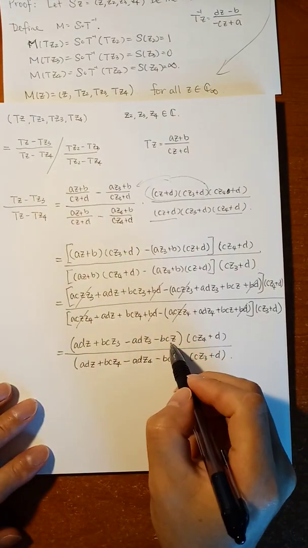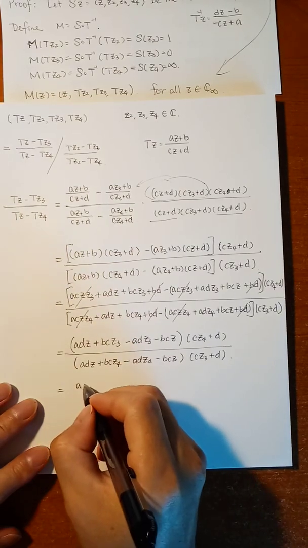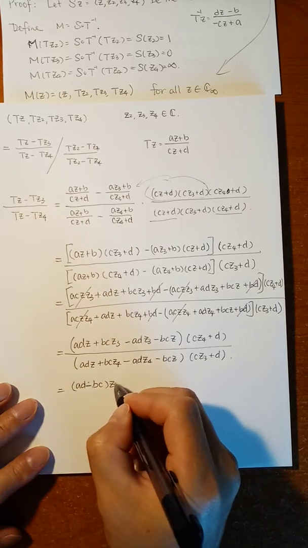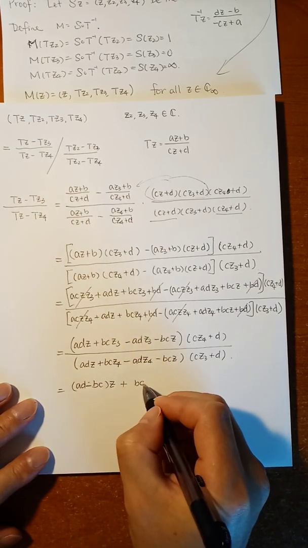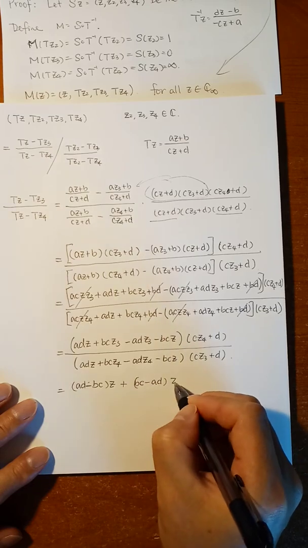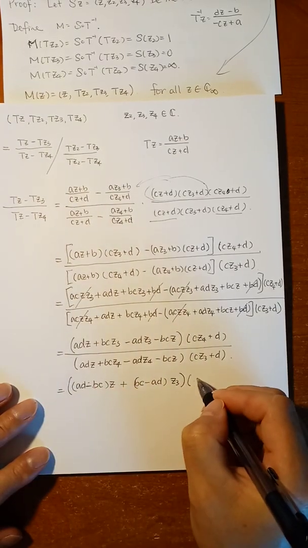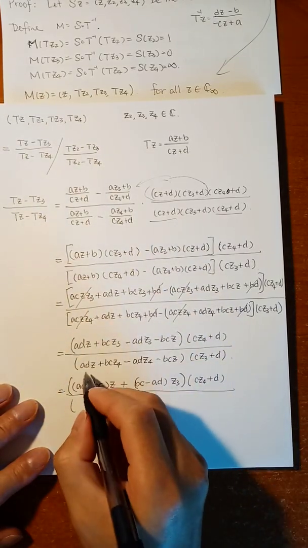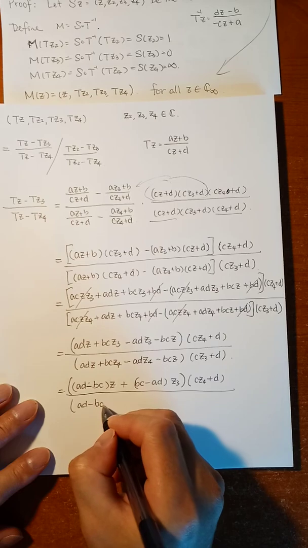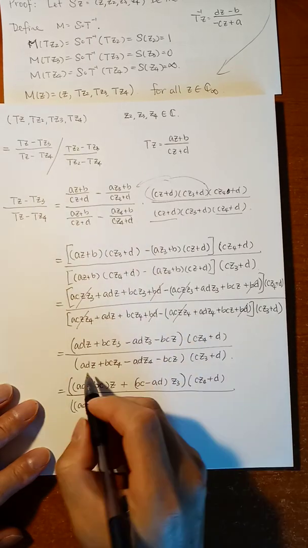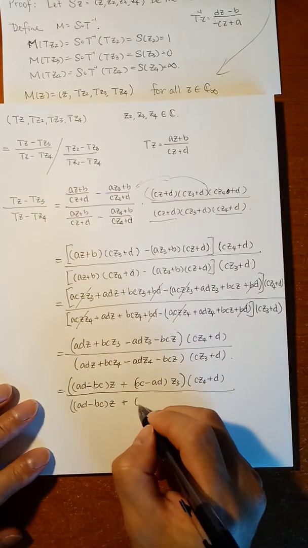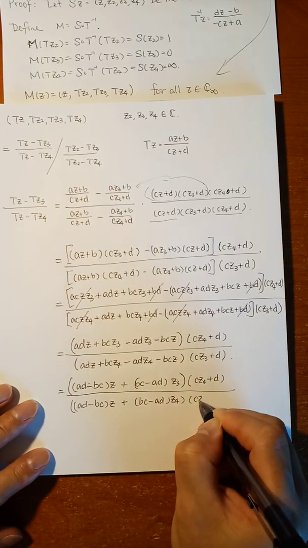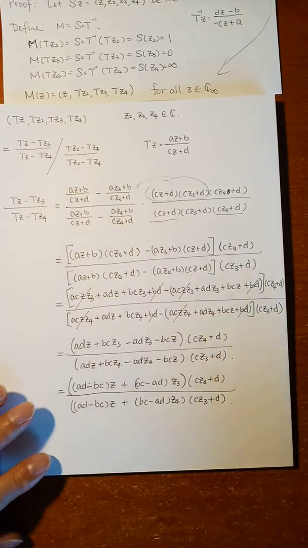So adz minus bcz. So it's (ad minus bc) z. Here is plus (bc minus ad) z3. And similarly, (ad minus bc) z plus (bc minus ad) z4. Right?